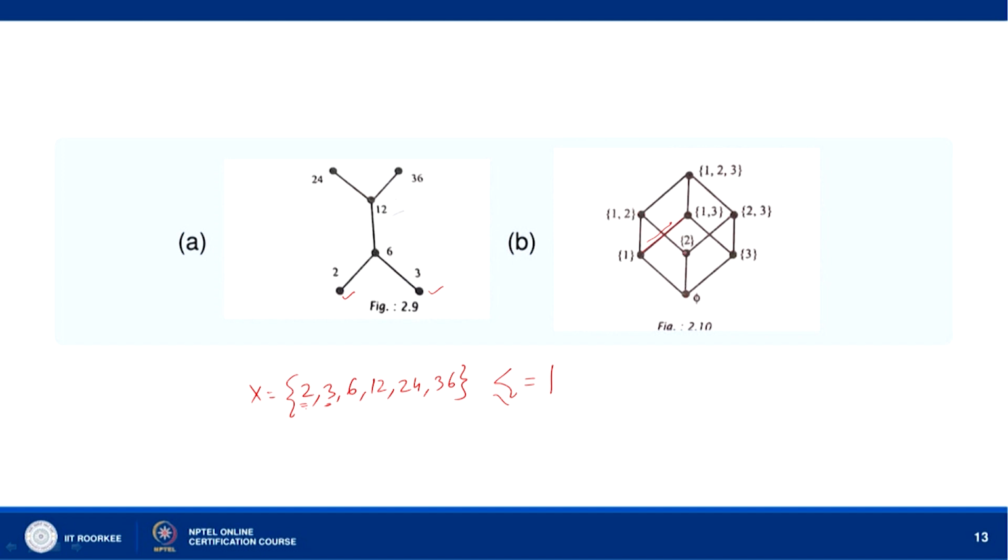So {2} lies below {1,2}, {1} lies below {1,3}, {3} lies below {1,3}, and then {1,2}, {1,3} and {2,3}, each one of them is a subset of {1,2,3}. So, we join them by these lines, and this is the Hasse diagram for example 2.